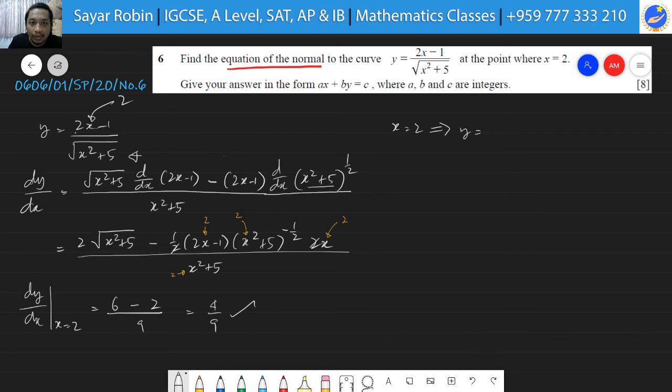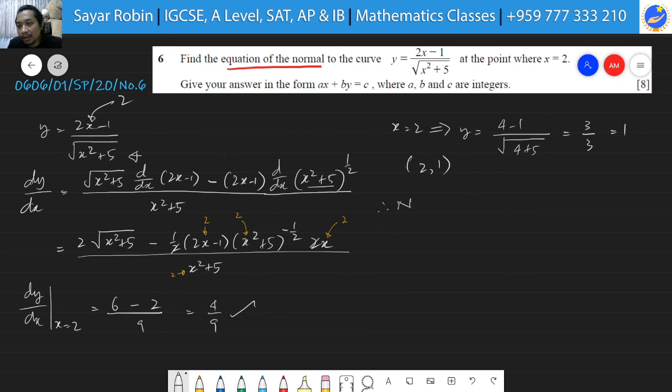So x is equal to 2. 2 times 4, 4 minus 1, over the square root of 2 squared is 4, 4 plus 5. It's going to be 3 over 3 is 1, right? Therefore, the point is going to be (2, 1). Now you already know the gradient and the point you want, so you can easily write down the normal equation.